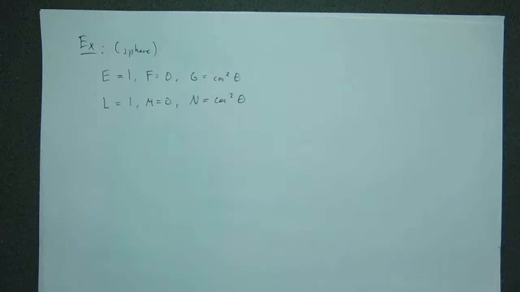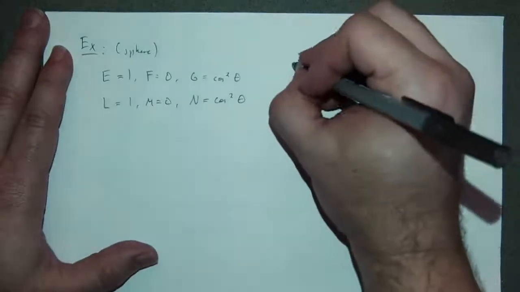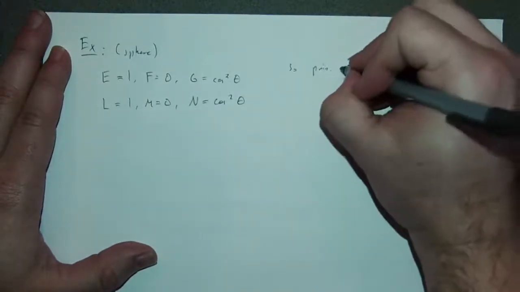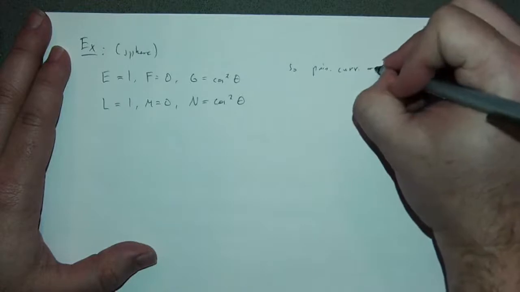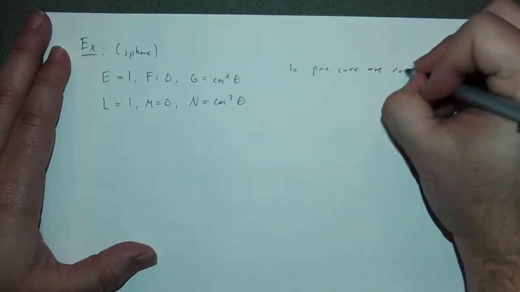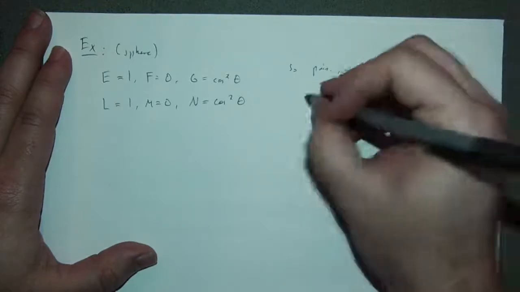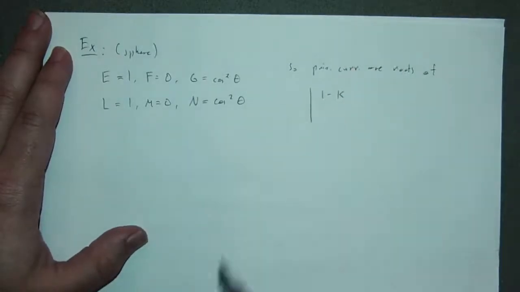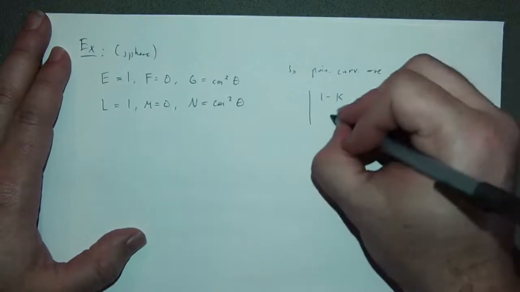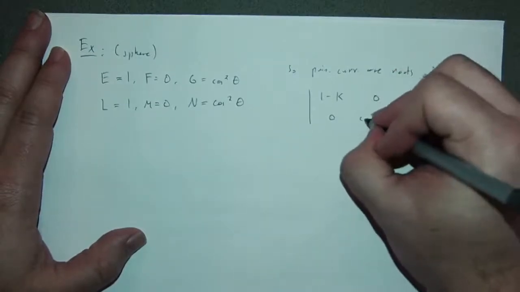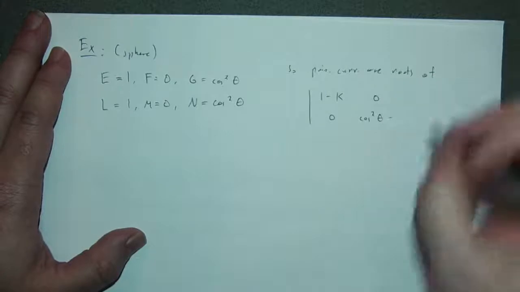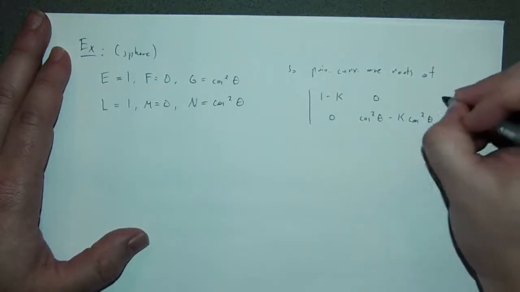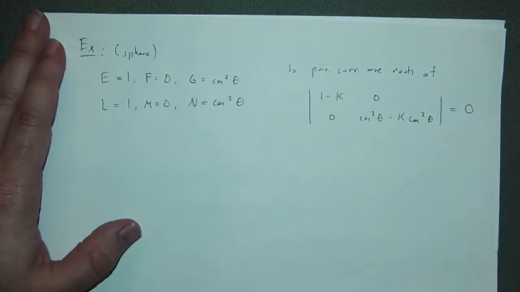So principal curvatures are roots of the determinant with rows (1 minus kappa, 0) and (0, cosine squared theta minus kappa cosine squared theta), equal to 0.